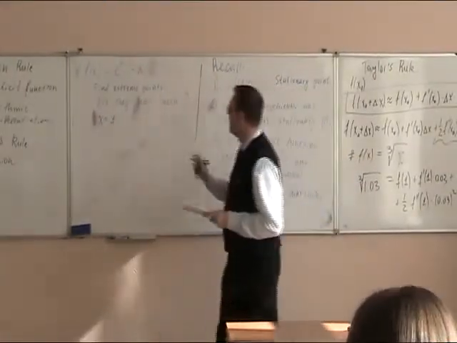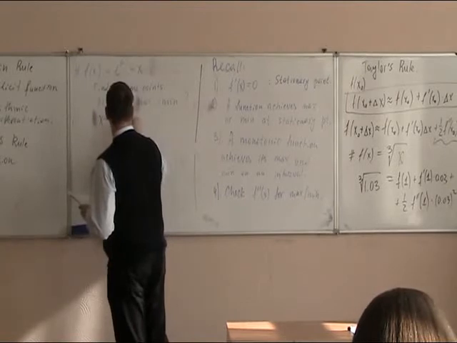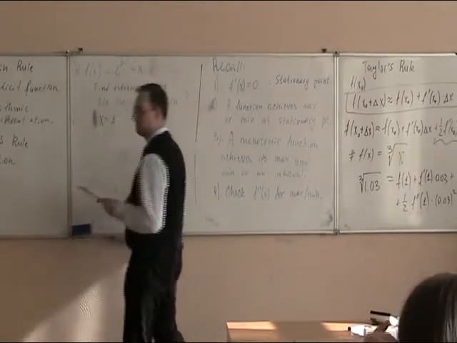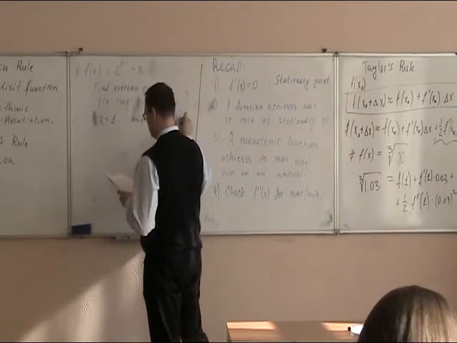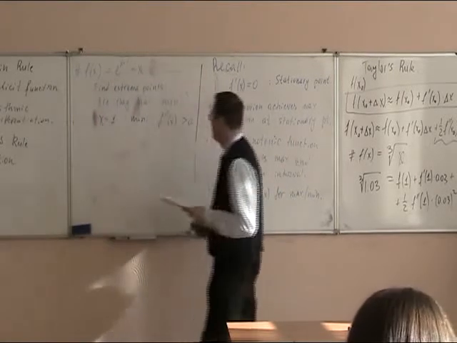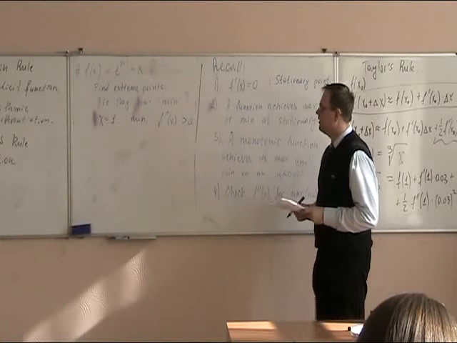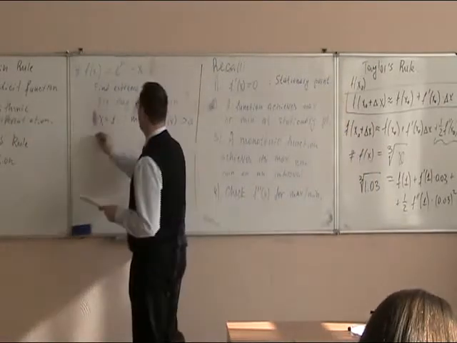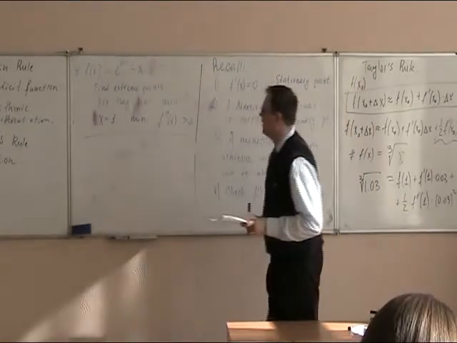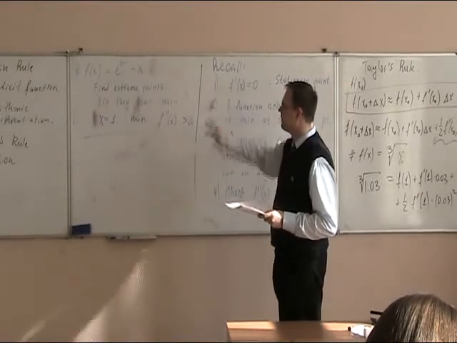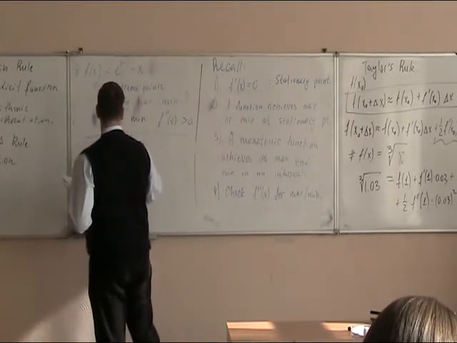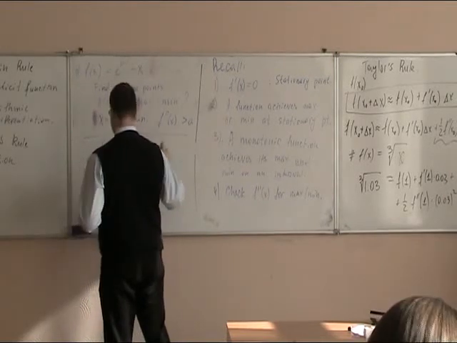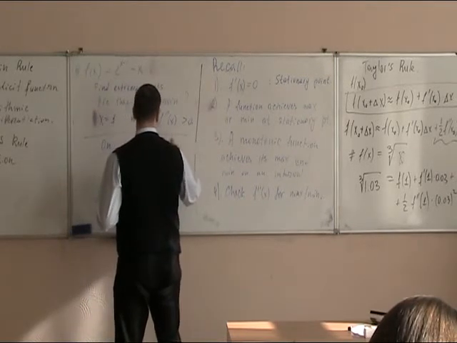x is equal to 1, which is the minimum, y greater than 0. But now, if we change the question a little bit, and the question remains the same, find the extreme point, but now we're talking about the interval from 2 to 10.